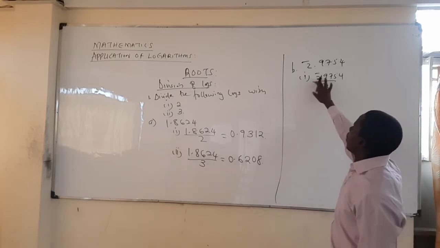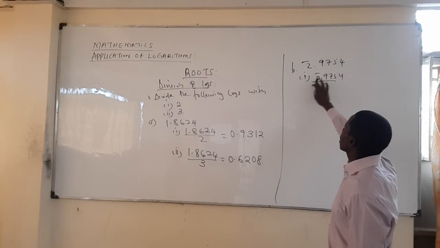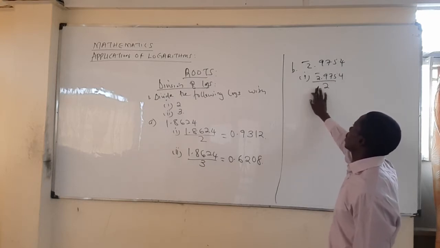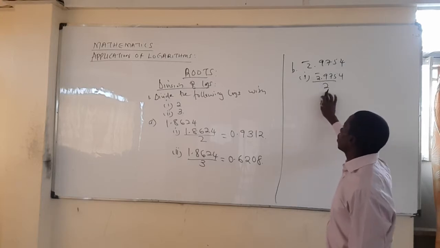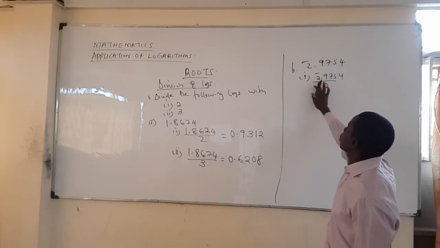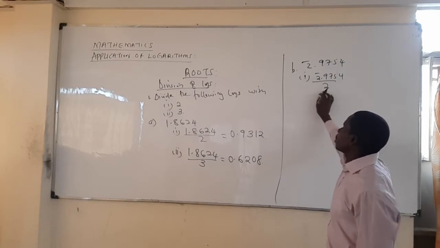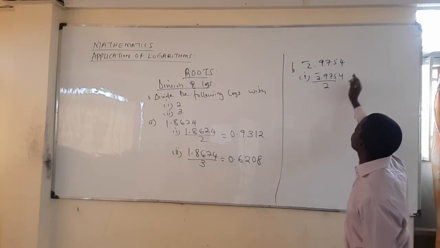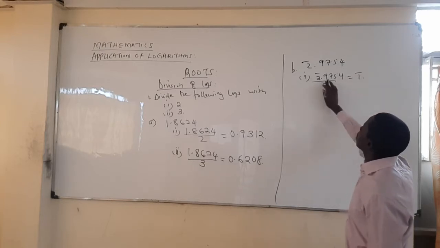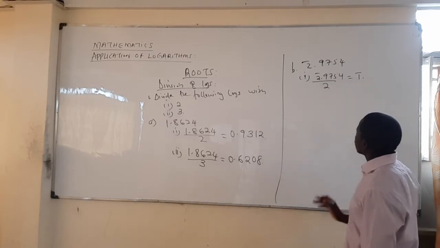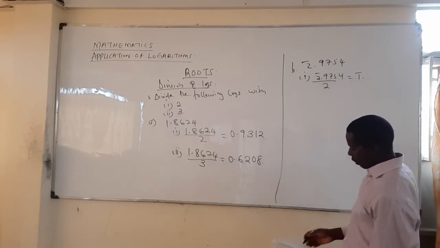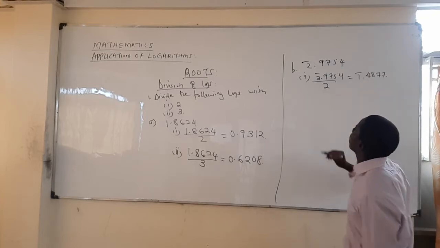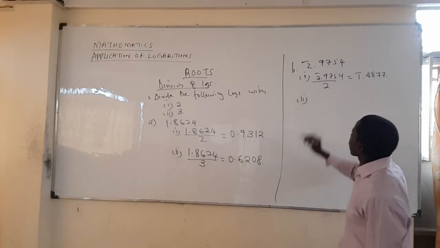When the characteristic is a bar number, the first thing we need to ask ourselves is whether that number is divisible by whatever we are dividing with. In our case, bar 2 is divisible by 2, so we divide directly. We don't have any issue. Bar 2 divided by 2, we get bar 1. And 0.9754 divided by 2, we are going to have 0.4877.